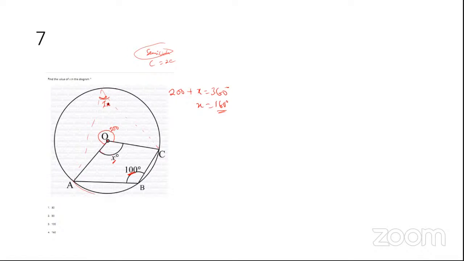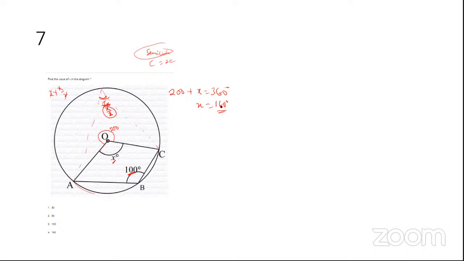Thank you. This is not 2x. This is the angle at the center. It's 2 times this. By the time you convert, you realize this one will be x over 2. So the angle at the center is 2 multiplied by x over 2, so that would be x. So this is x over 2.